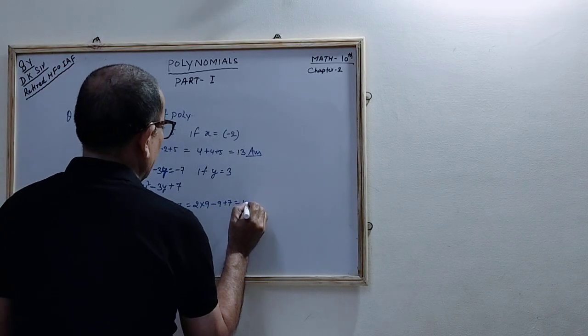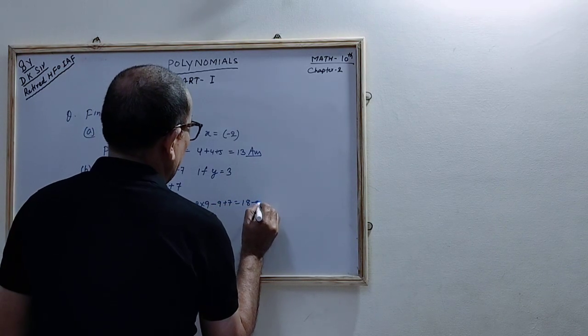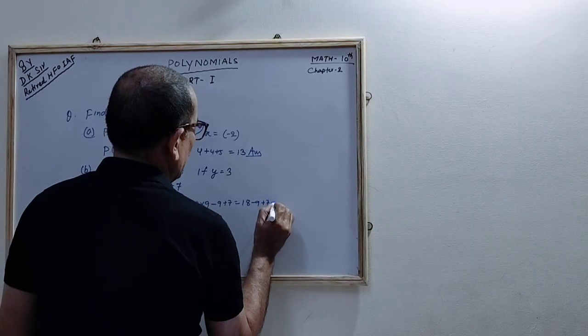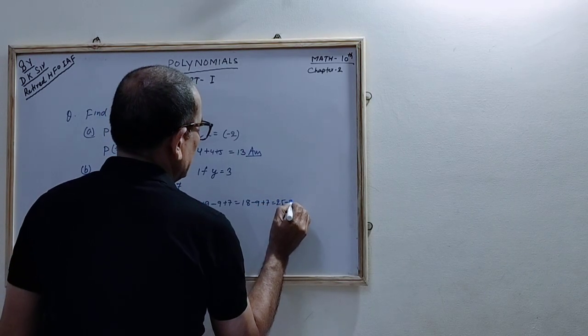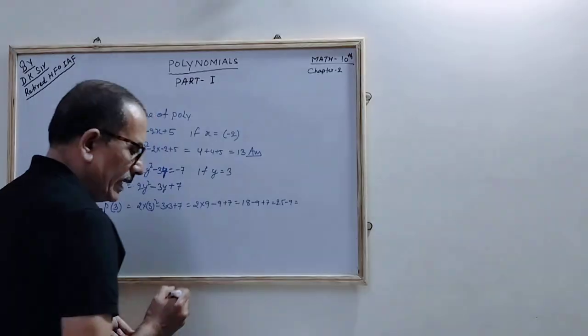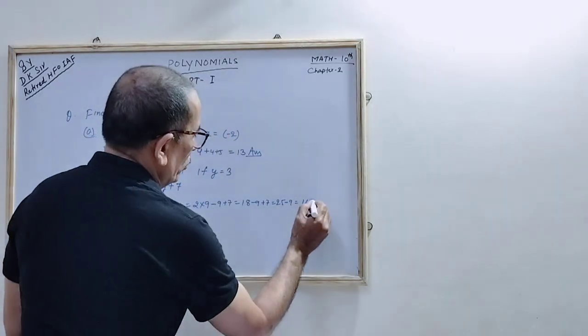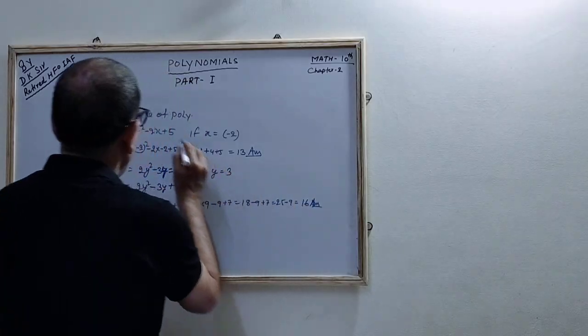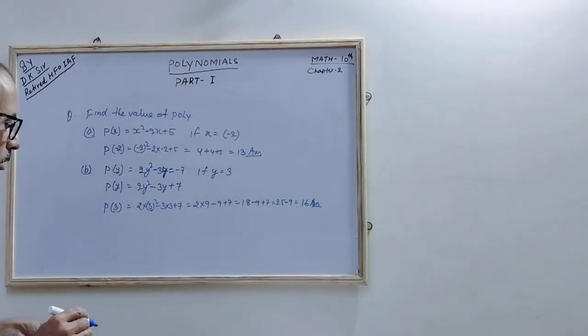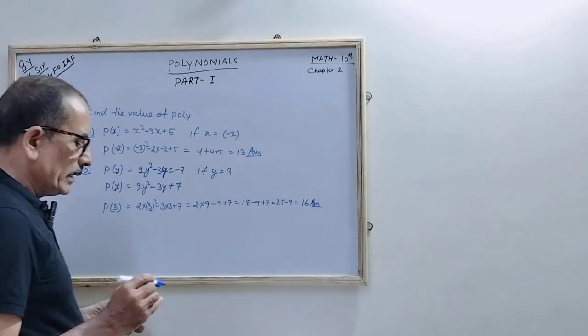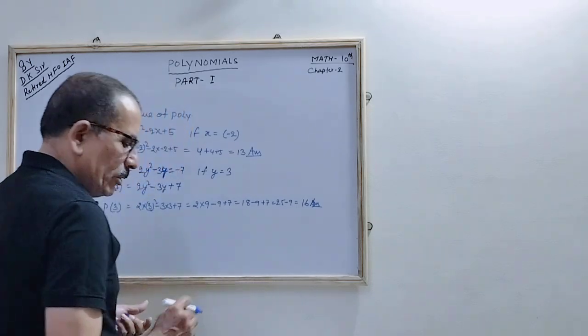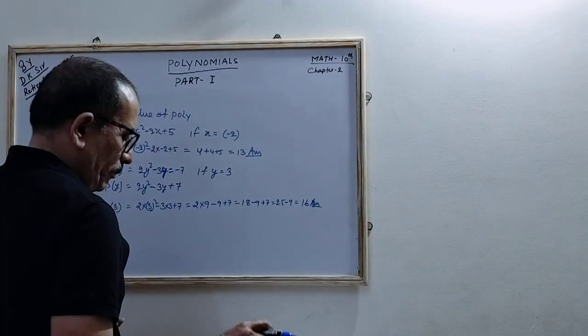So it becomes 18 minus 9 plus 7. It becomes 25 minus 9. So the total answer we get is 16, plus 16. So the answer we got. So if they ask anyone to find out the value or evaluate the given polynomial, you should understand. You should not get confused.